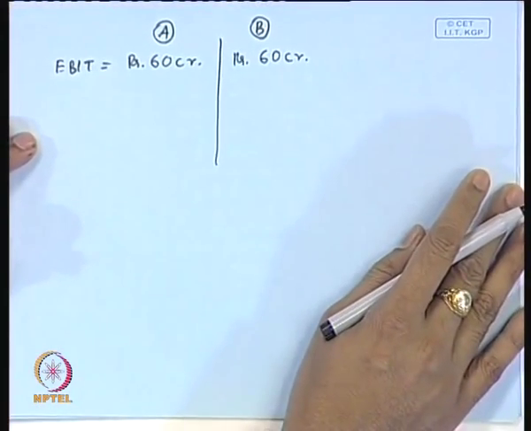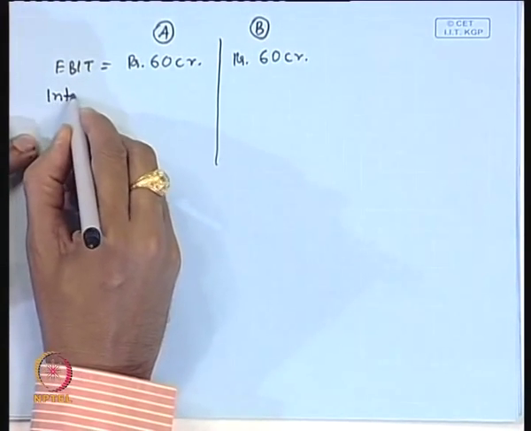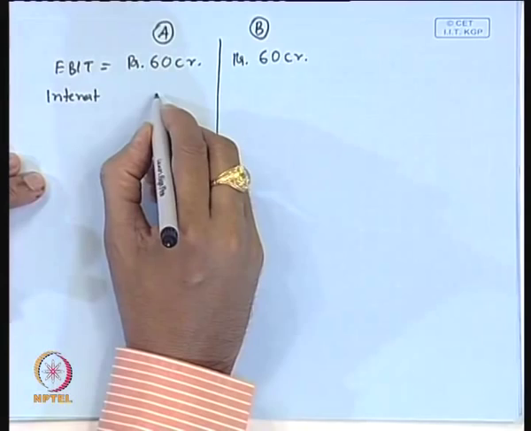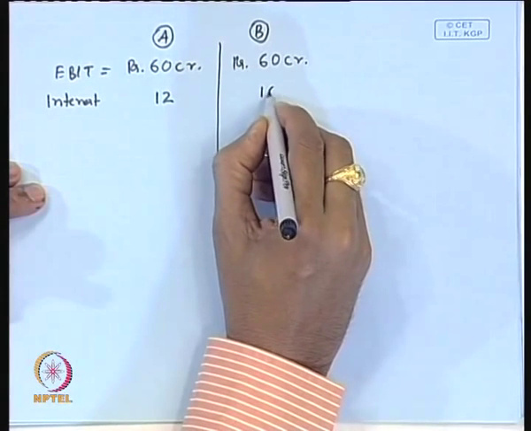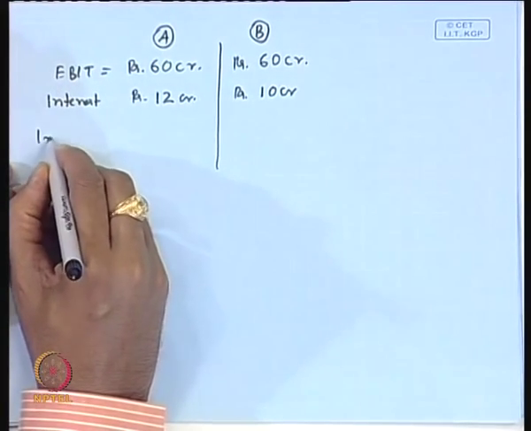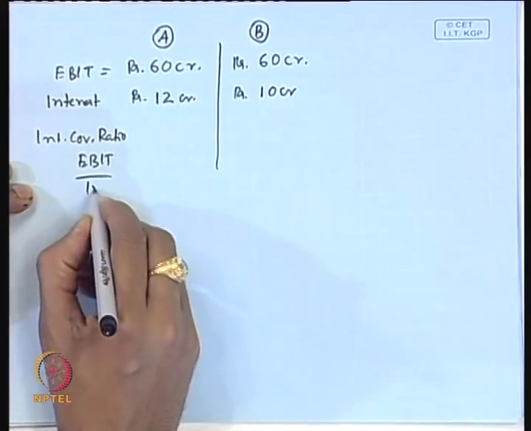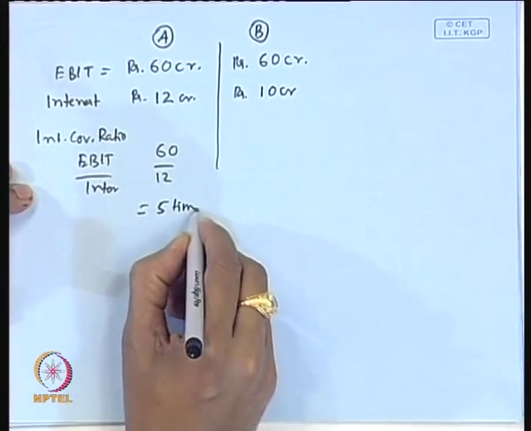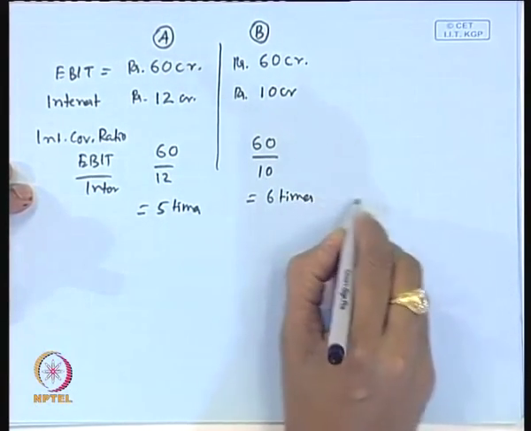Both companies have the same earnings before interest and tax, but because of the degree of leverage or interest rate, whatever the reason, the interest amount for company A is, let us say, 12 crore, and for company B it is 10 crore. So the interest coverage ratio, which is EBIT by interest, is 60 by 12, that is 5 times, in case of company A, and 60 by 10, that is 6 times, in case of company B.